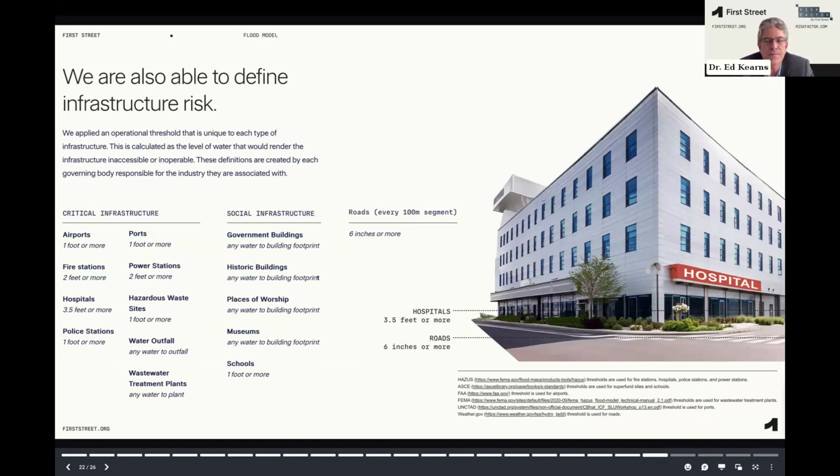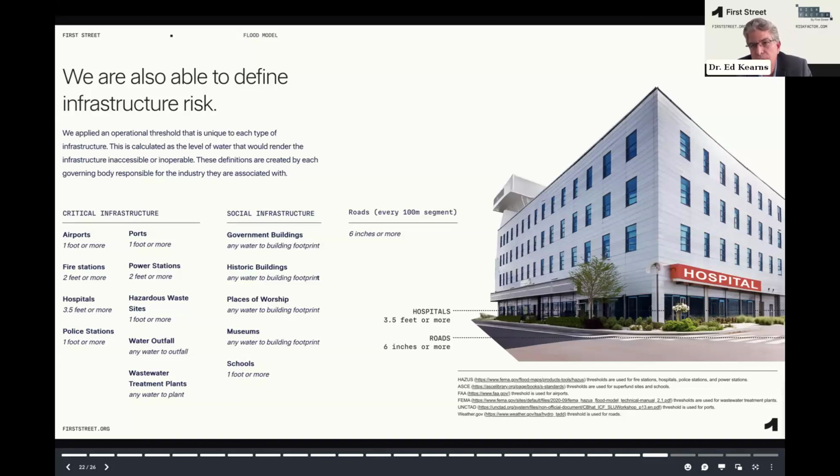So because we're assessing the entire landscape from coast to coast, we also can assess airports, fire stations, hospitals, police stations, power stations, wastewater treatment plants, all of those kinds of infrastructure. We can assess how much water is going to be there likely in the future, so you can know whether those facilities will be out of service or not.